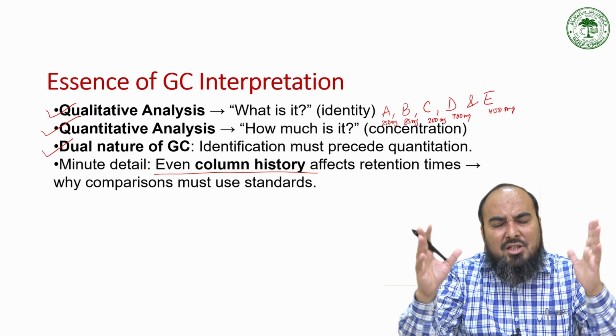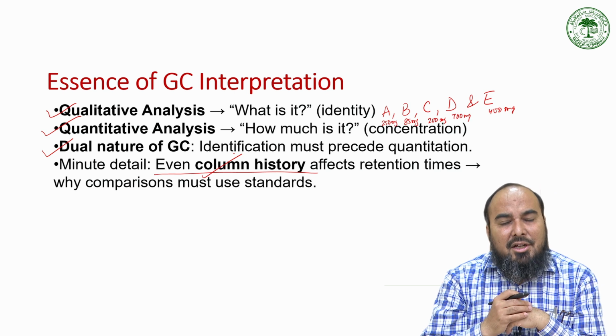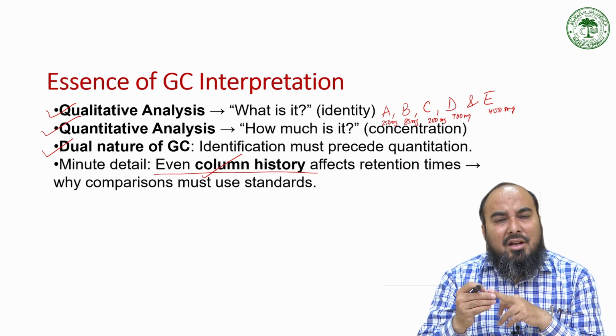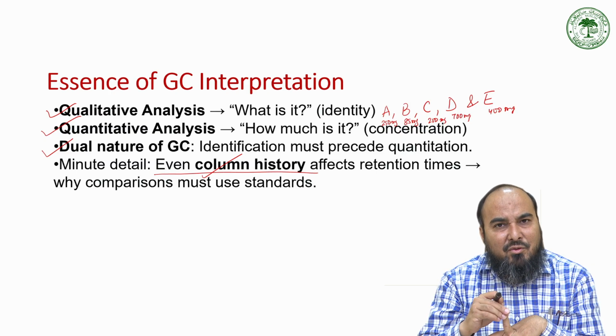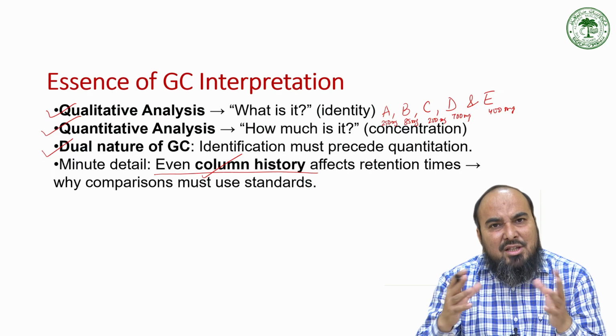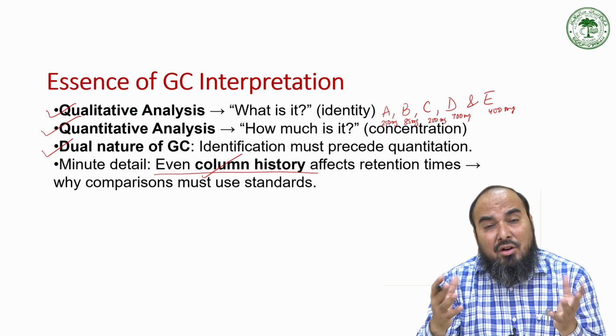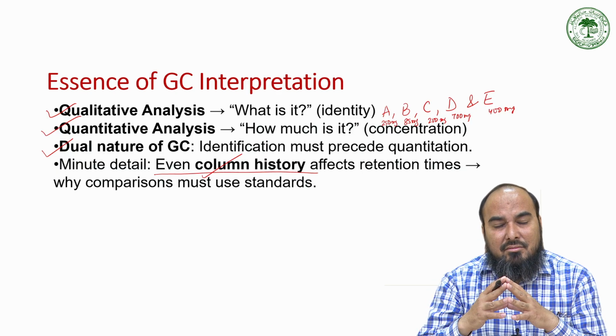Your whole separation process will be compromised. So you have to check the history in terms of the temperature, the binding, or you can say interaction, which type of stationary phase you have chosen, which type of mobile phase you have chosen, and what was the working temperature of your GC.